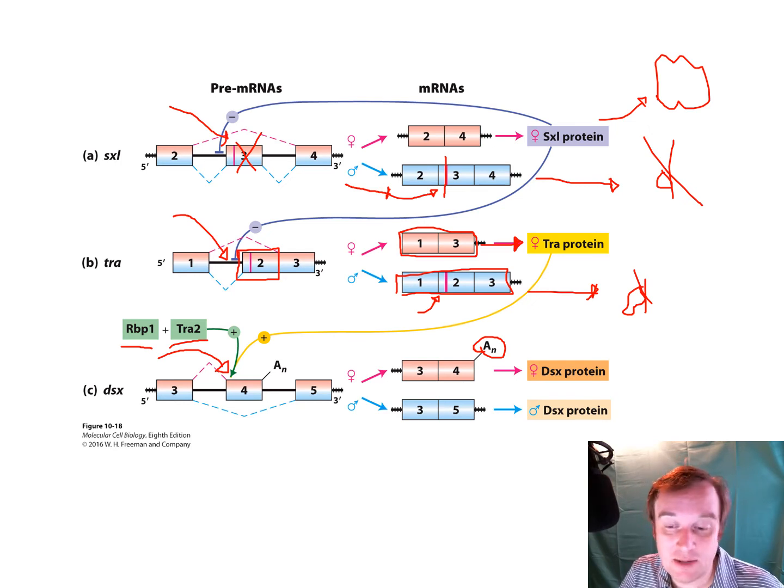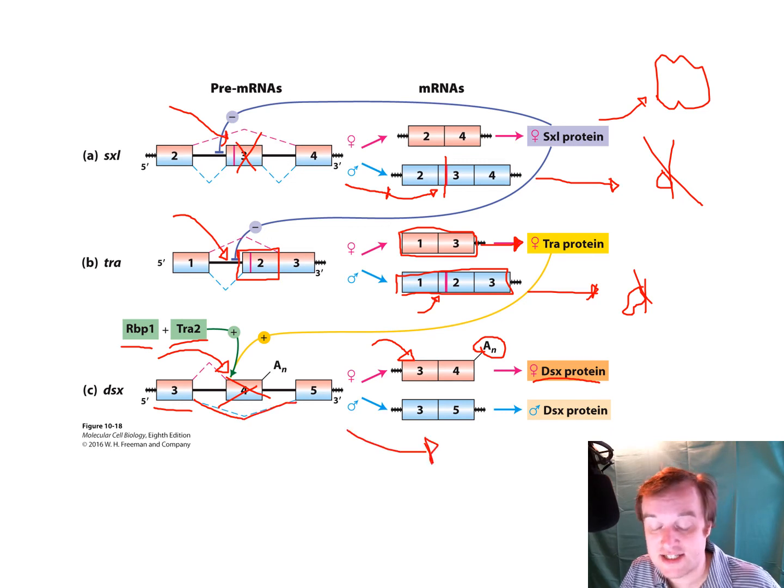So this TRA, RBP1, TRA2 combine to lead to the inclusion only of exons 1, 2, 3, and 4, which leads to the female version of the DSX protein. And in males, we have exon 3, and since there is no interaction of TRA, RBP1, and TRA2, exon 4 does not get included, and we have 3 and 5.